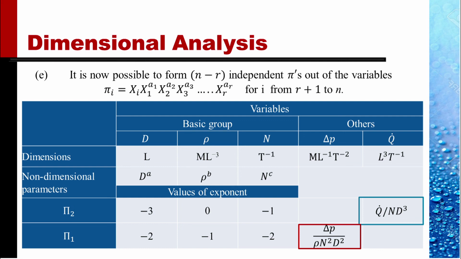And the other, with the independent parameter Q dot, the values of the exponents are 0, -3, and -1, so that this comes out to Q dot divided by n d cubed. This is the independent pi number and that is the dependent pi number.